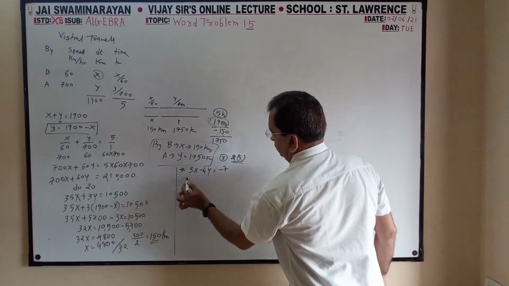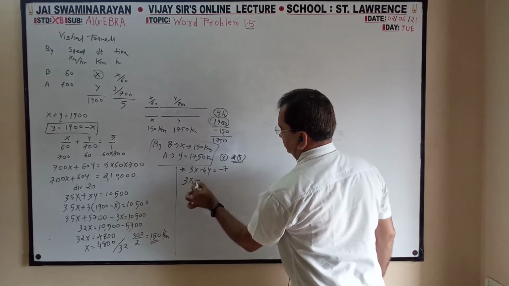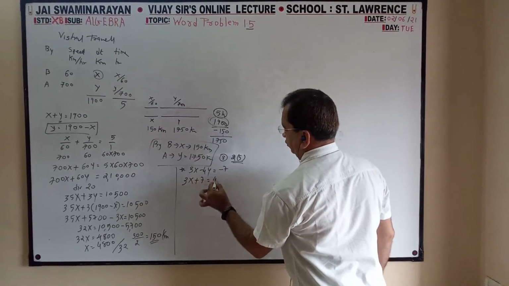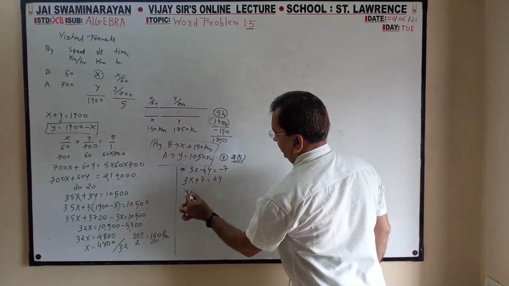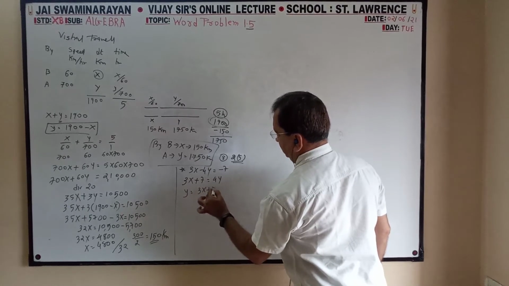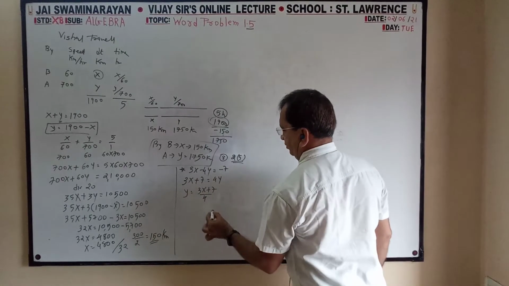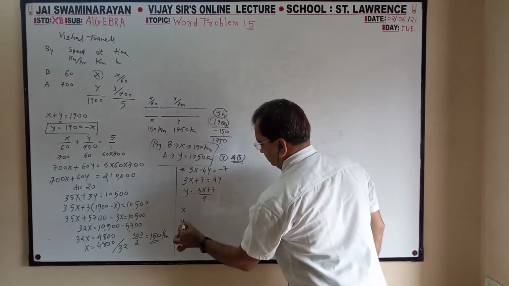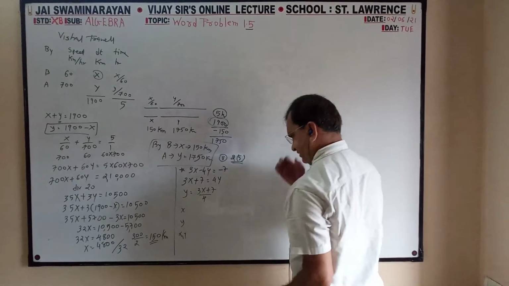Now 3x comes this side, 7 is equal to 4y. So y is equal to (3x plus 7) by 4. So x, y.